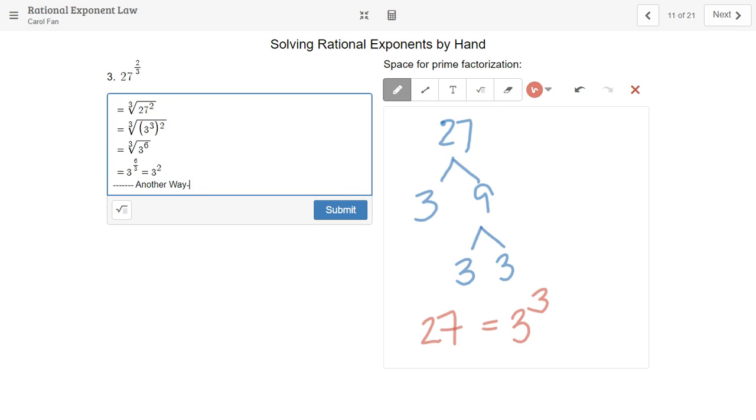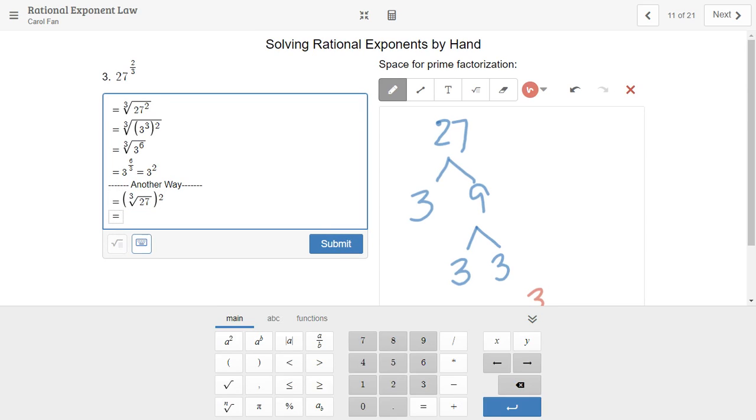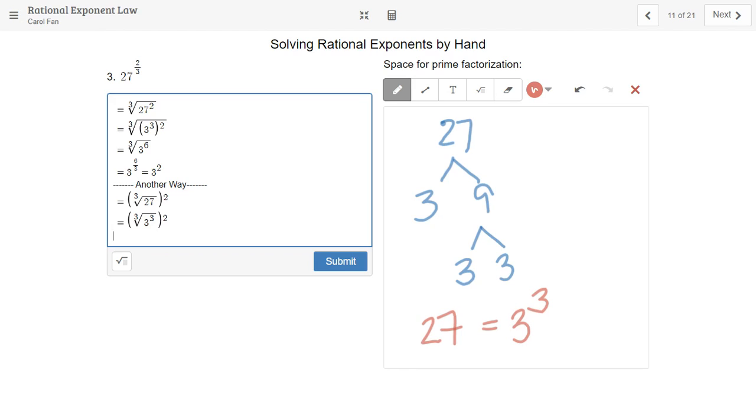Now, remember we said the other way we could do it? Let's write it first as a radical. So we have the third root of 27, and all of that is raised to the power of 2. So we have the third root of 3 to the power of 3, all raised to the power of 2.